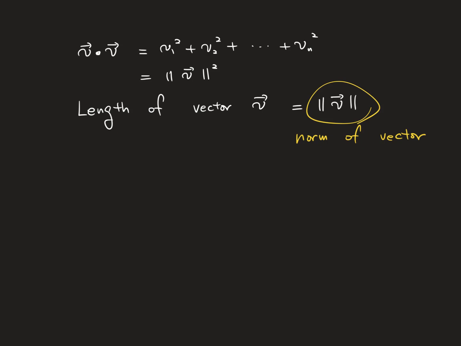But if we define the dot product of vectors, the norm of a vector is very easy, because you just calculate the dot product of the vector with itself, and then the positive square root of the self dot product is the norm.